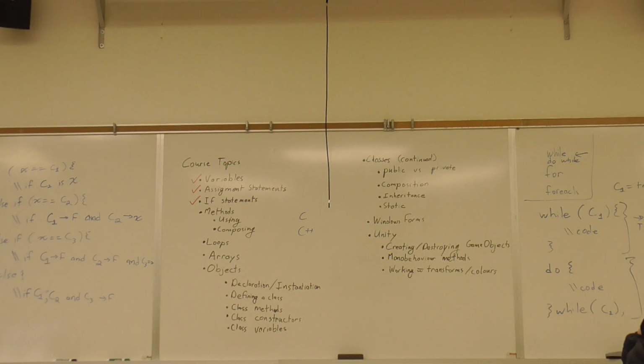So, the for loop, as we've known them so far, in general is something of the form int x equals 0, x is less than 10, x plus plus. In actual reality, this first one is an initialization statement.